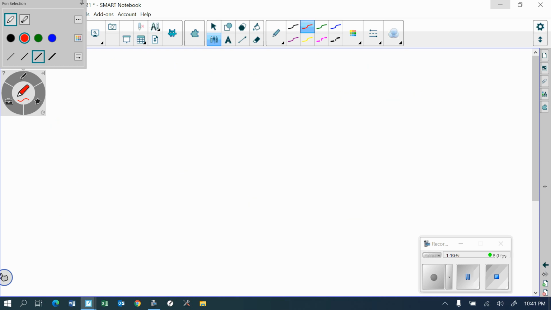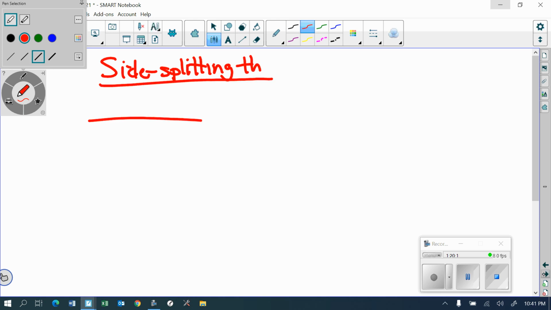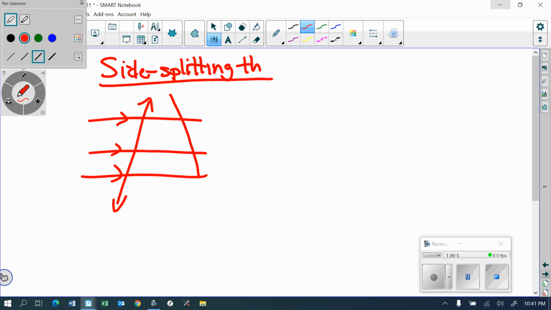Side splitting theorem. I have, for example, 3 or more parallel lines cut by 2 transversals. Okay.